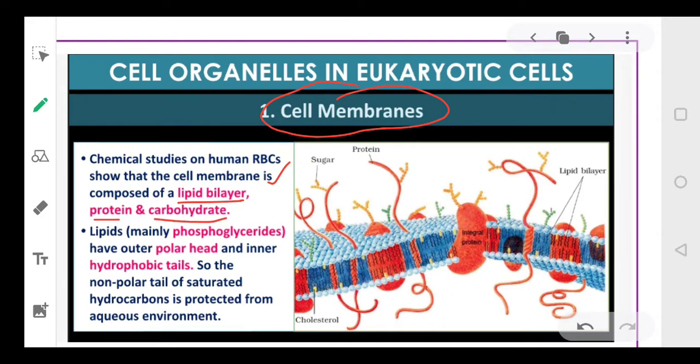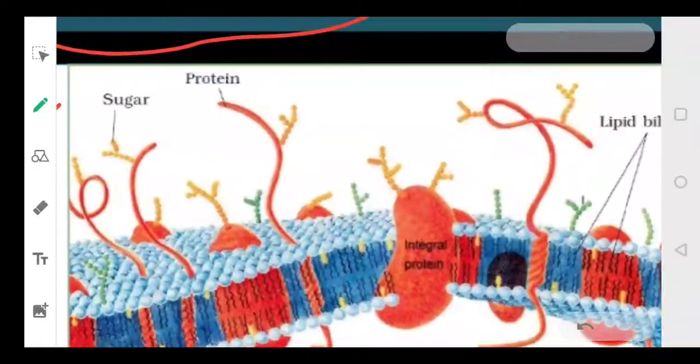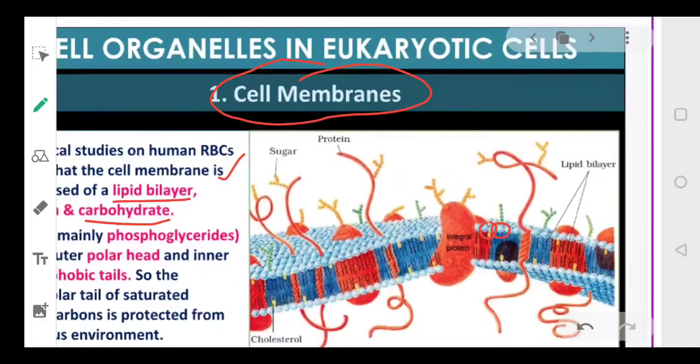Clear everyone? The lipids, which are mainly phosphoglycerides, have an outer polar head and an inner hydrophobic tail, as you can see here in this picture also. So they have this round portion, the polar head portion, and the tails are projected inward.